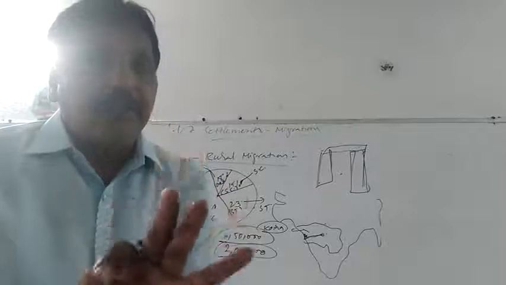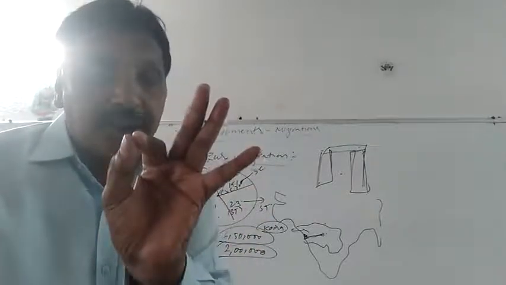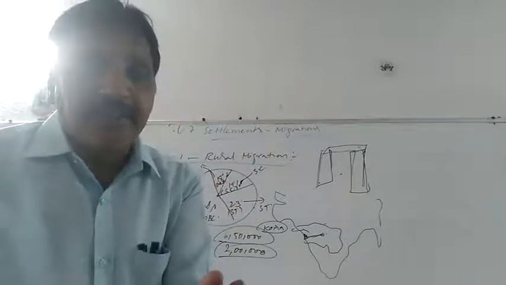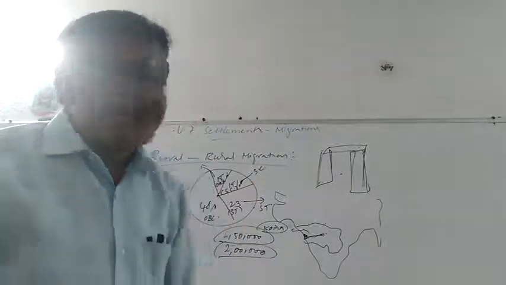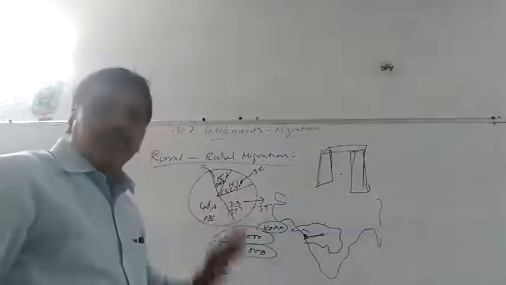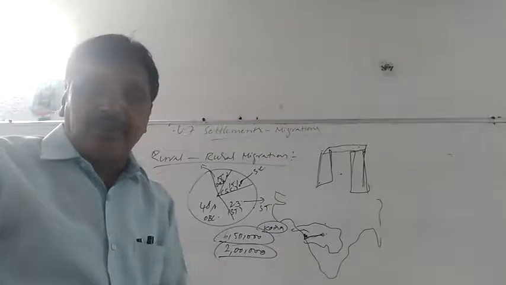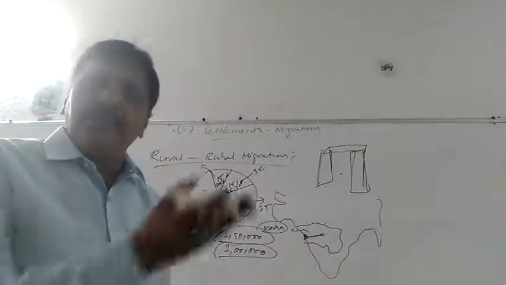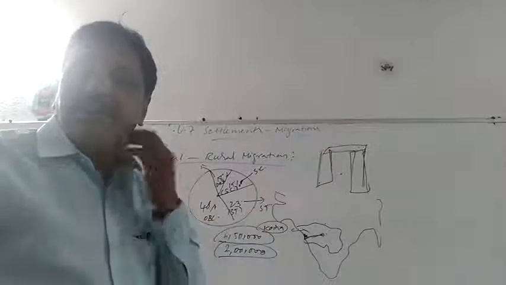A marginal farmer is a farmer who owns under 1 hectare, 2.5 acres. A small farmer owns 2 hectares, 5 acres, below 5 acres. So marginal farmers and small farmers may be there, because employment is not available or water is not available, and agriculture is not possible in their area. They will be moving for better employment in other places, right?